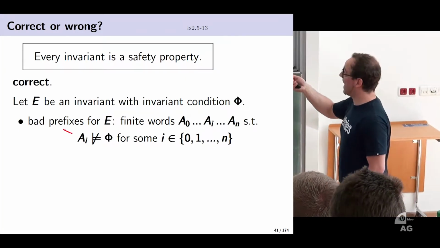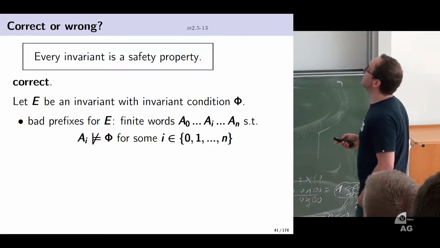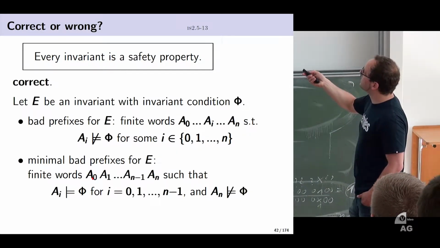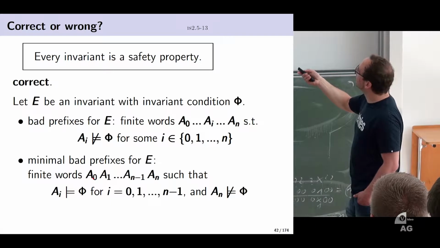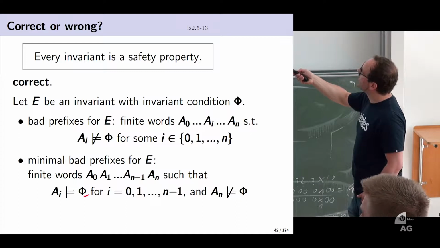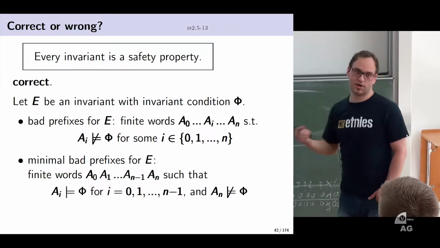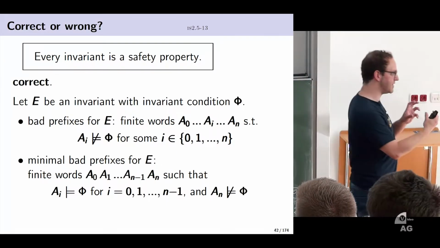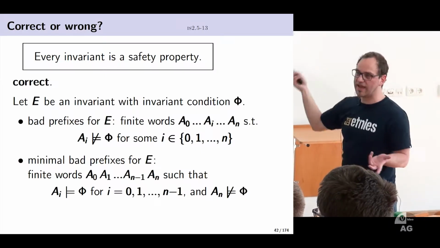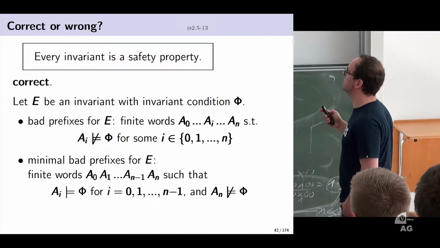And if I can define a set of bad prefixes that characterize my property, then by definition it's a safety property. The minimal bad prefixes are such that the first n-1 elements all satisfy the invariant condition, and the last one does not, right? Because you cannot take away the last element, this an, because it explains the violation of the invariant, which is why this is the set of minimal bad prefixes.